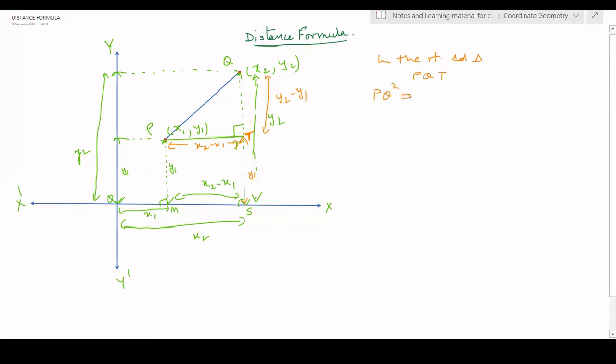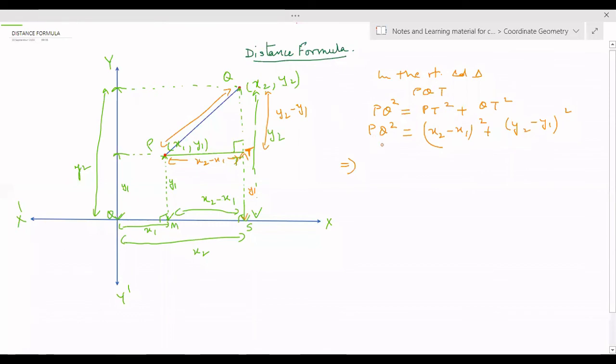Using Pythagoras theorem, we can say PQ square equals PT square plus QT square. Where we are evaluating the distance PQ, so it will remain PQ square. My PT distance becomes x2 minus x1 whole square, and QT distance becomes y2 minus y1 the whole square.